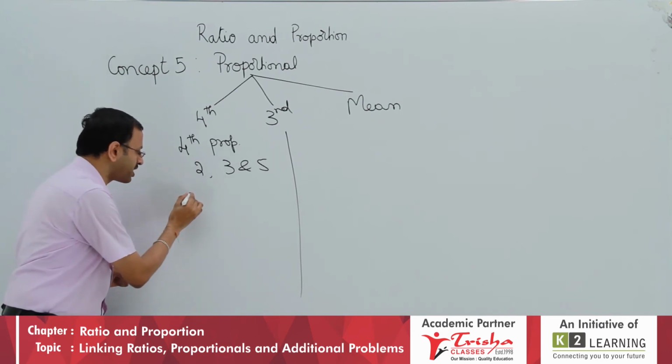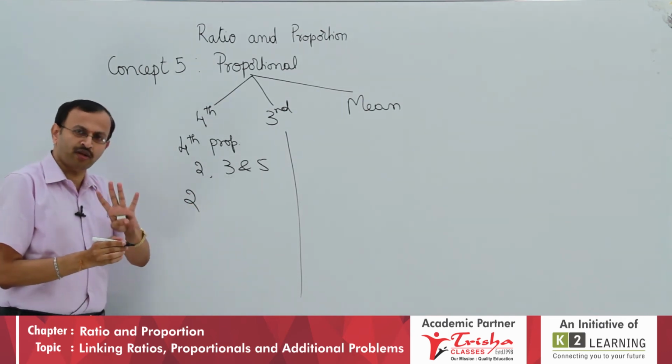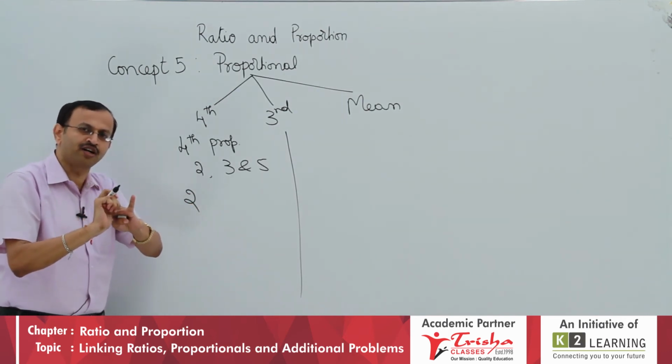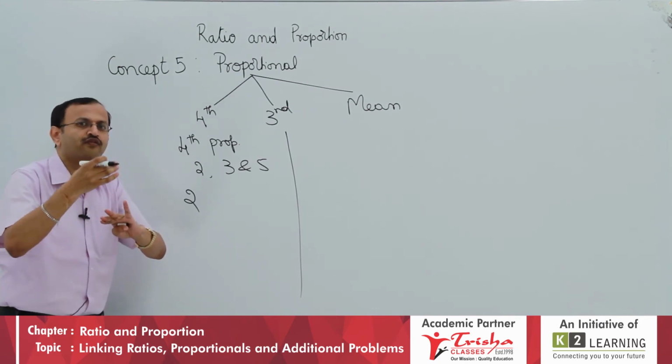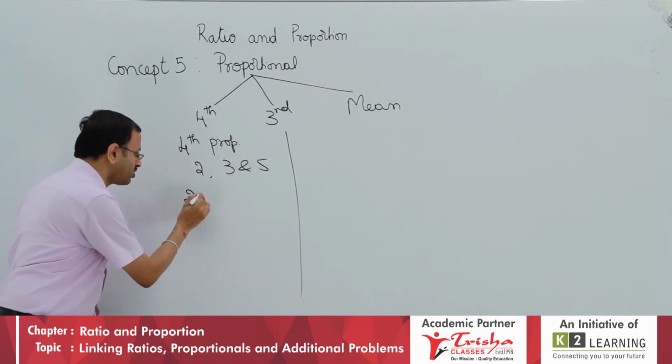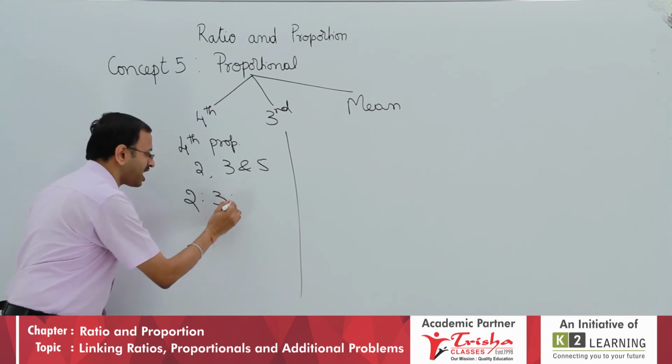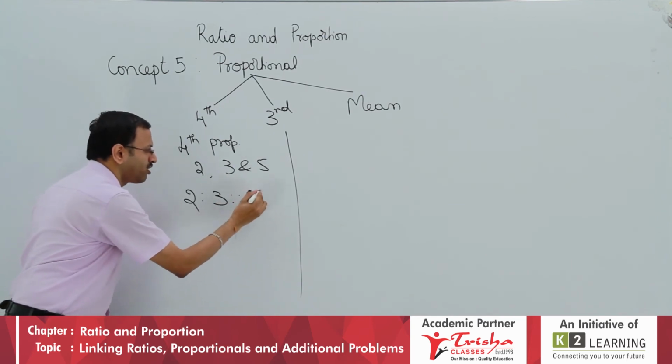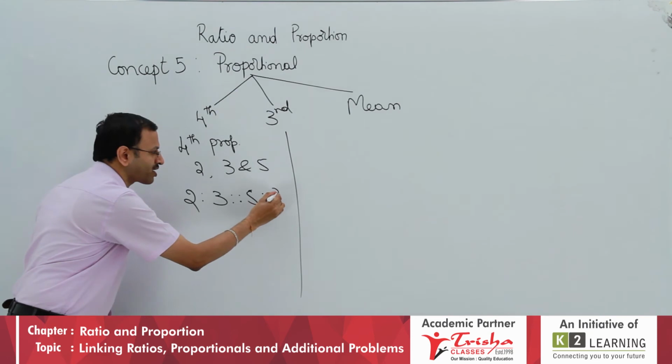Your solution will be: in the proportion, 4 numbers are there, 3 are given, the 4th number is missing, you have to find it out, take it as x. 2 is to 3 as 5 is to x, the 4th proportion.